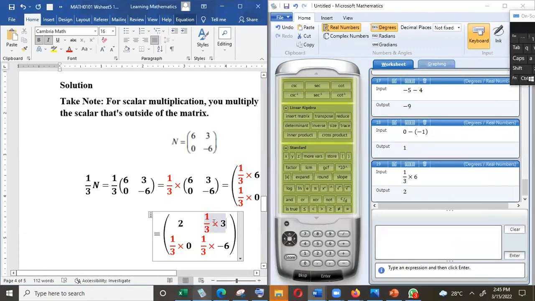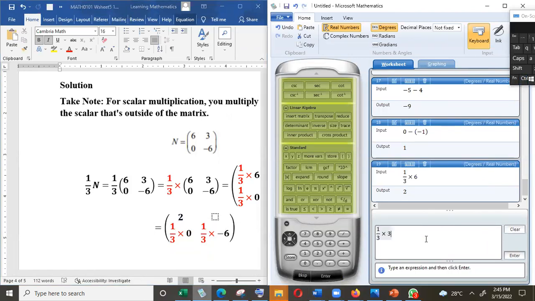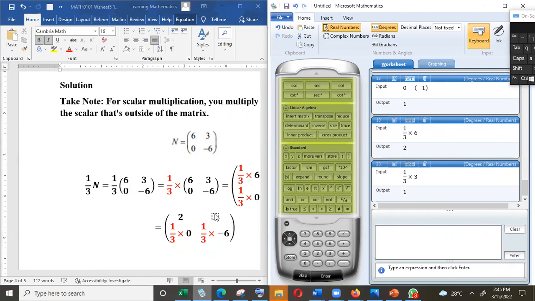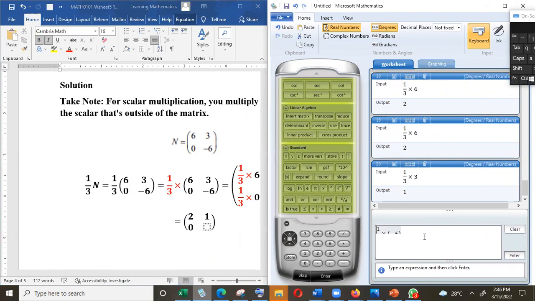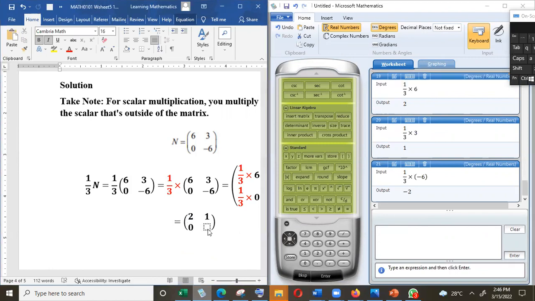A third times 3, that should give us 1. A number multiplied by 0 is 0. And a third times negative 6, that should give us negative 2.